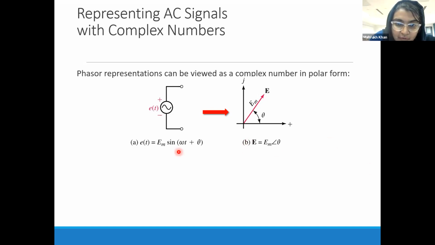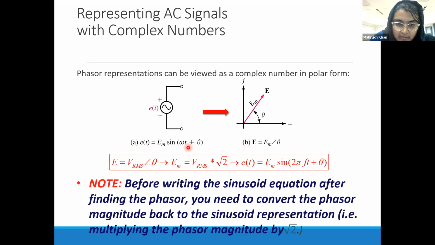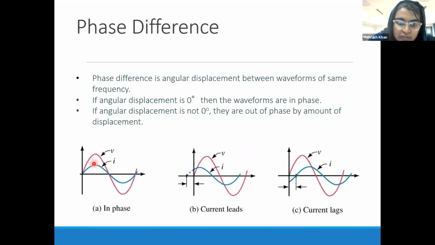So this is your normal signal, sine omega t, which starts from 0. And if you have a signal which does not start from 0 and actually starts from something else, then you will say that it leads or lags by a certain angle, okay?